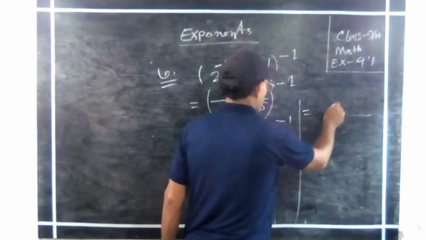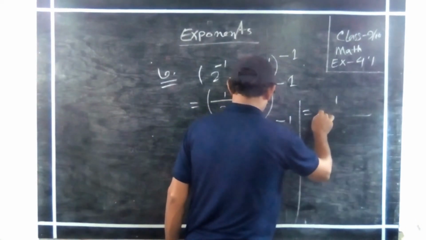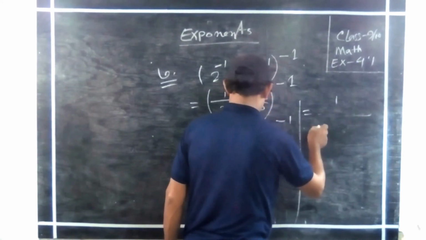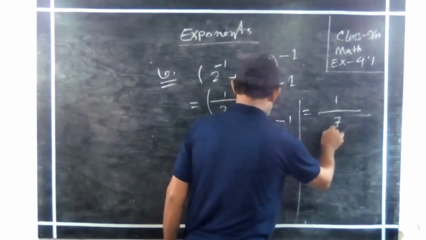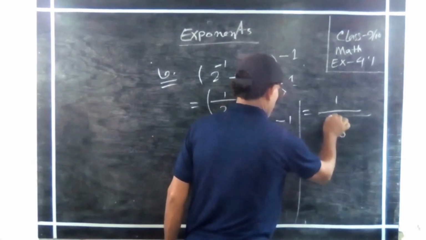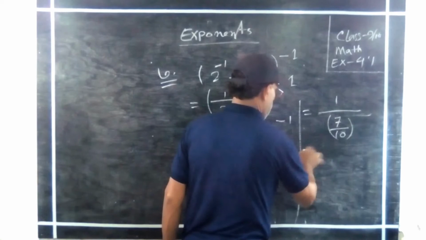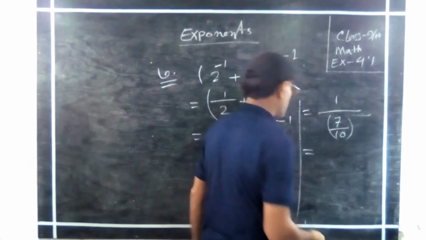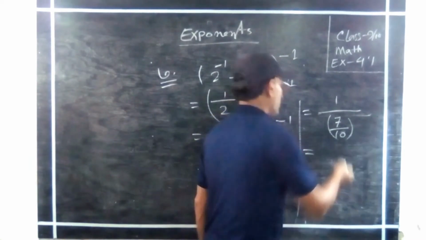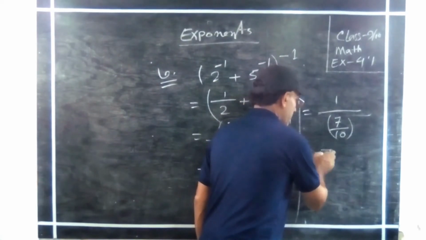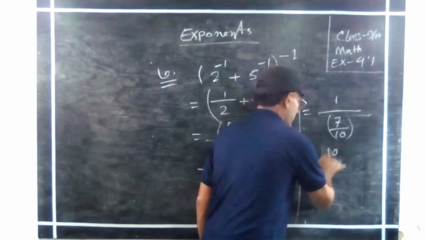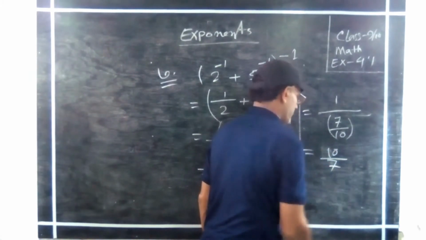So we can write here 1 divided by 7 by 10. Here we can write 10 divided by 7, answer.